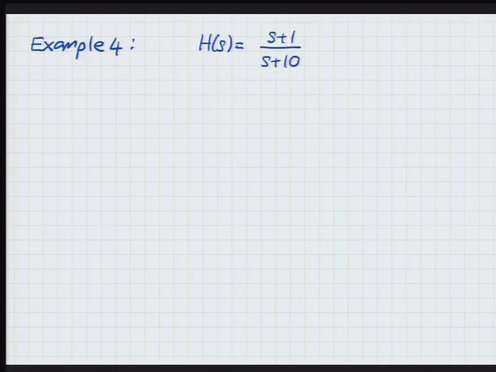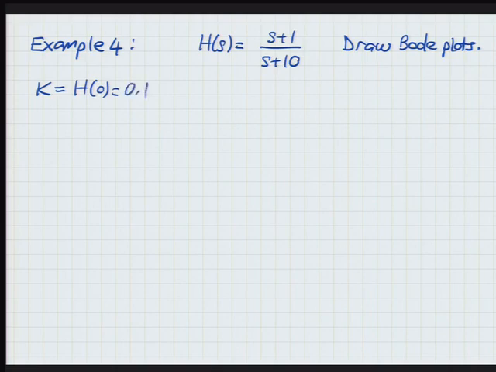First thing you should do, if I ask you to draw the Bode plots, because it's both magnitude and phase, is ask yourself, what is the DC gain? So K, which I call the DC gain, H of 0, when you substitute s equals 0, you get 0.1, right?